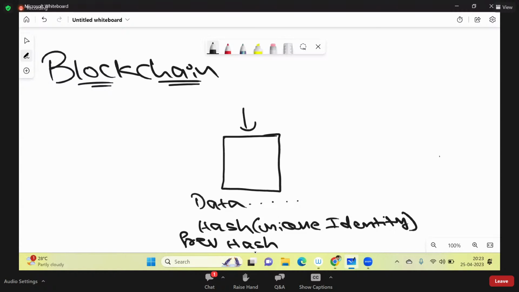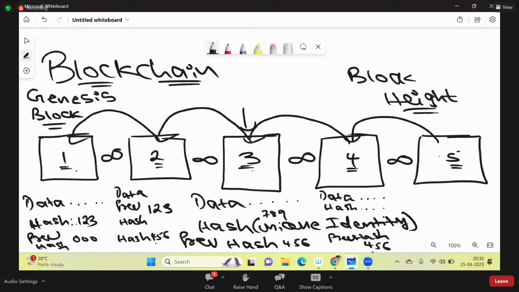So as there are no blocks prior to it, the previous hash by default will be 0. You are not going to have any other components added here. And this is only for the first block, because as you know, this is the first block, and as there are no blocks prior to it, obviously the previous hash becomes 0 in this case.